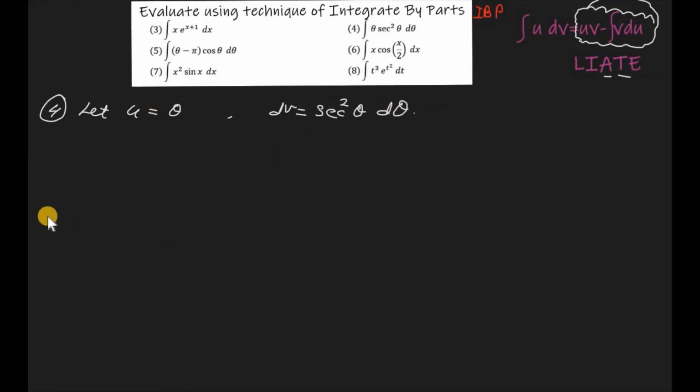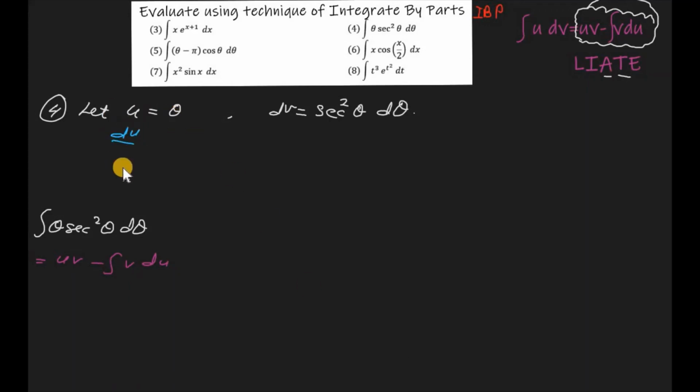Okay, and then hence our question theta secant square theta d theta, by applying this formula, it is integrated like this. So let's replace all these values. So for that we do need to differentiate and integrate.